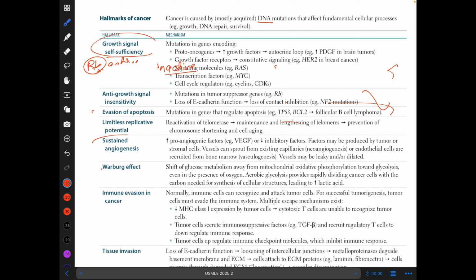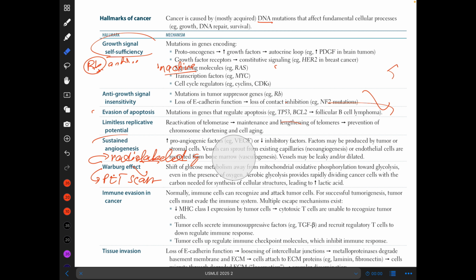We use this in the PET scan. In a PET scan, we give radio-labeled glucose. When you give the radio-labeled glucose, the abnormal cell will take up a high amount of it, and that will be shown on the PET scan as a brightly colored spot.